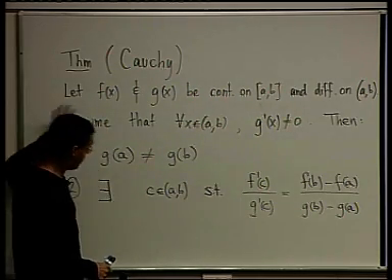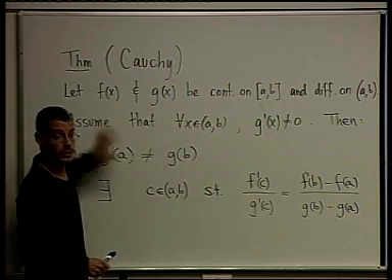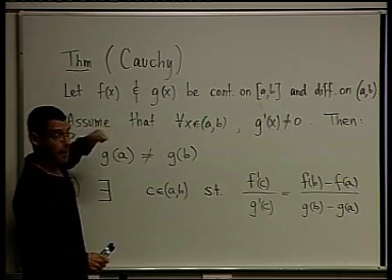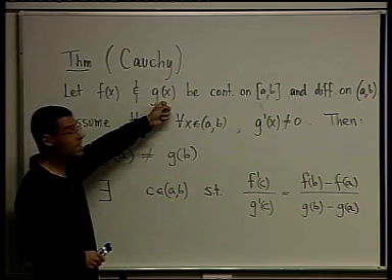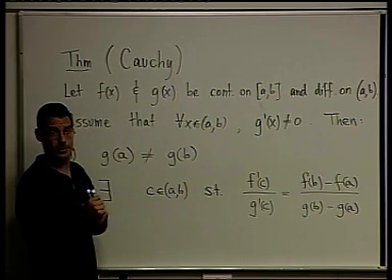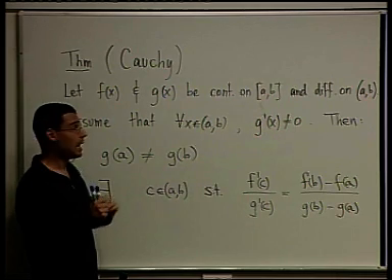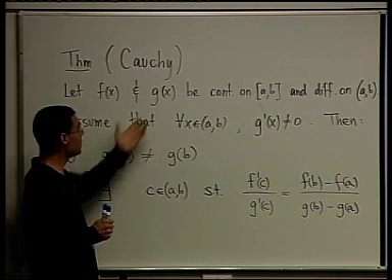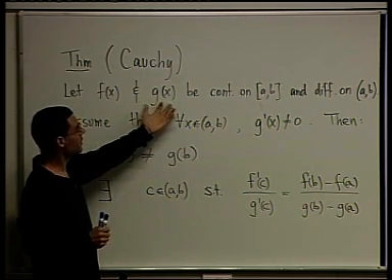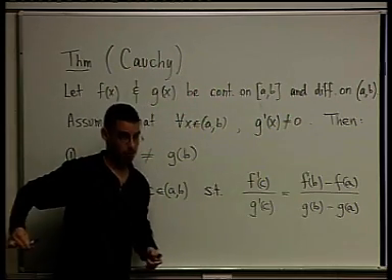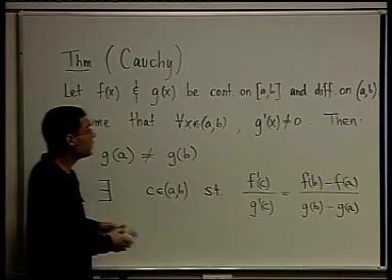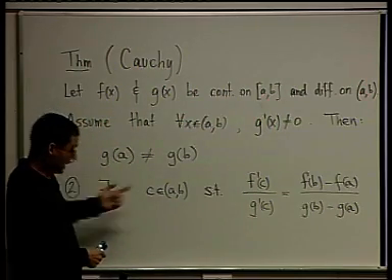So, suppose we know Cauchy's theorem, apply it to a very specific function, to the function g of x equals x. Apply Cauchy's theorem to the function g of x equals x. You know that function, right? It's this function, right? What do you get in this formula?